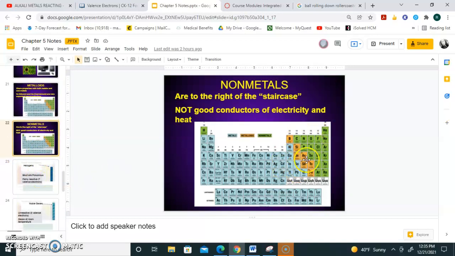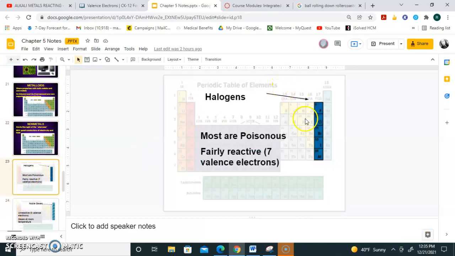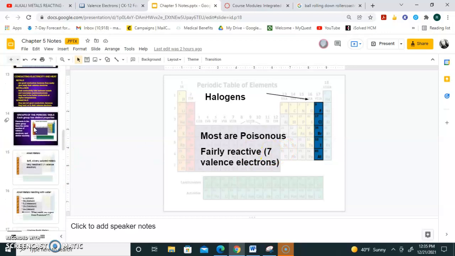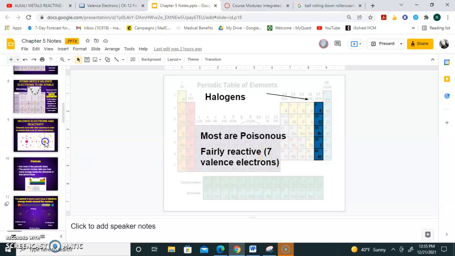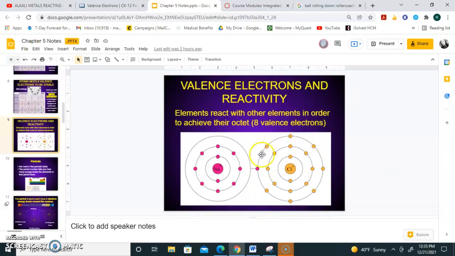Let's look a little bit more in detail into this region here of nonmetals. So one important group of nonmetals is the halogens. The halogens are right here in group 7. They are very reactive. They have 7 valence electrons, just like this example that we went over in the last video with chlorine. Chlorine is one of the halogens.